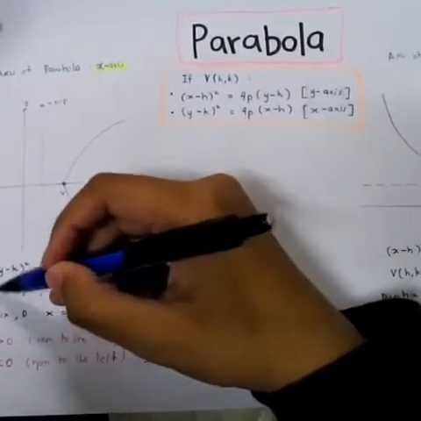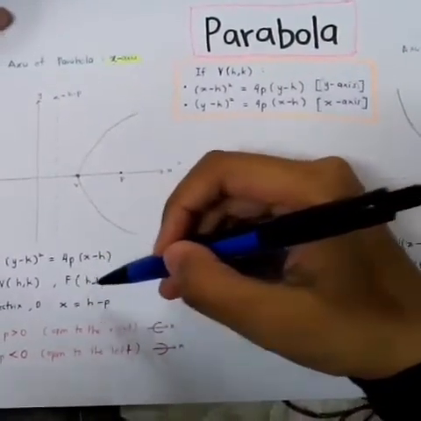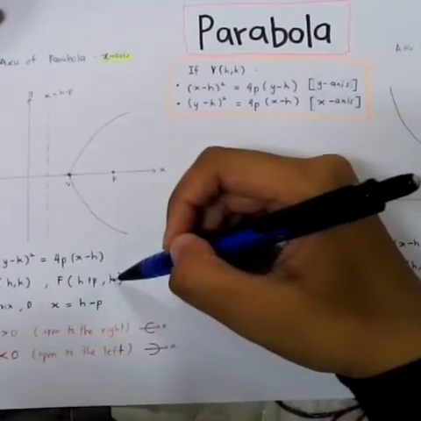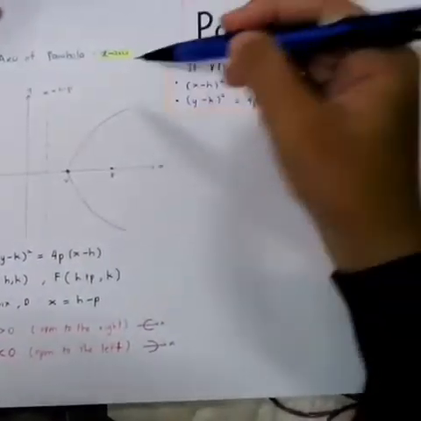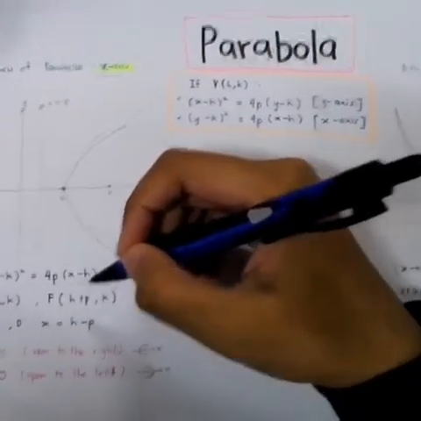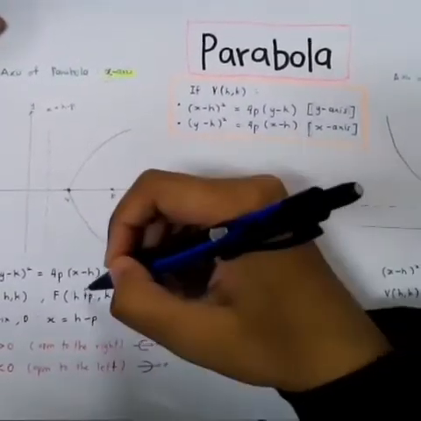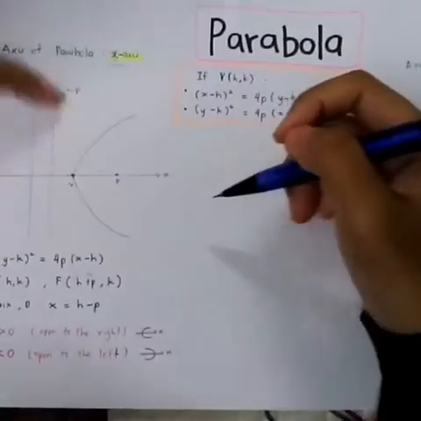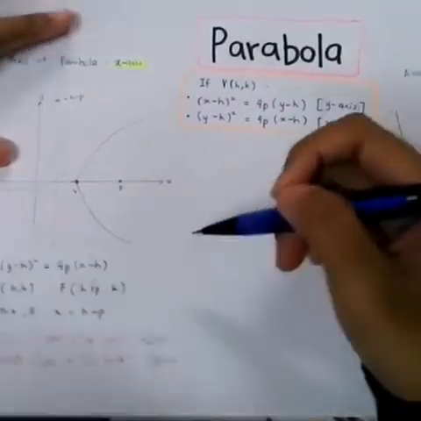The vertex is given as (h, k) and the focus will be (h plus p, k), because when y is squared, the value that moves is the x part. The directrix formula is x equals h minus p.